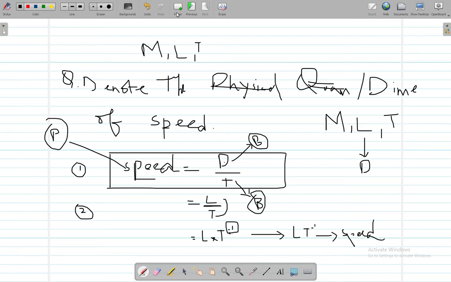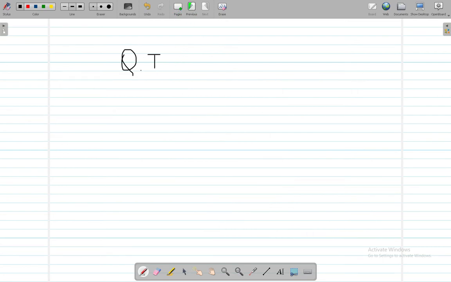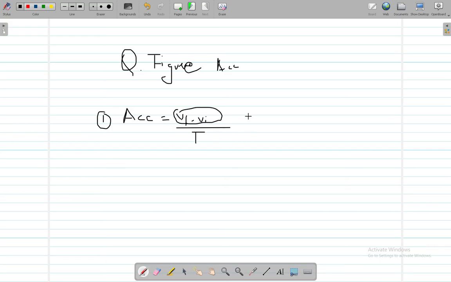Now moving on to another question: figure out the dimension of acceleration. I'm going to write acceleration here, ACC for acceleration. As you all know, the first step is to write the formula, and the formula of acceleration is velocity upon time.